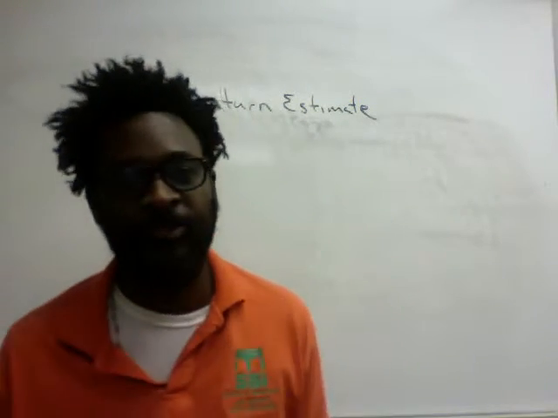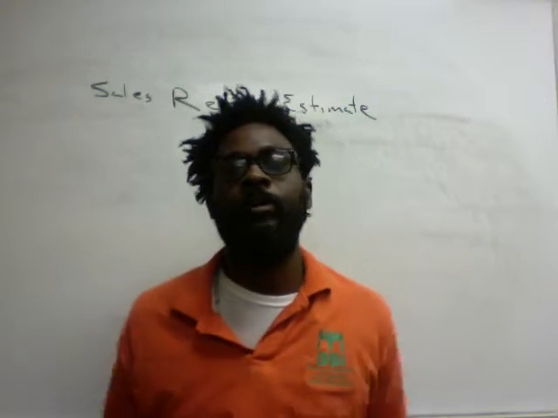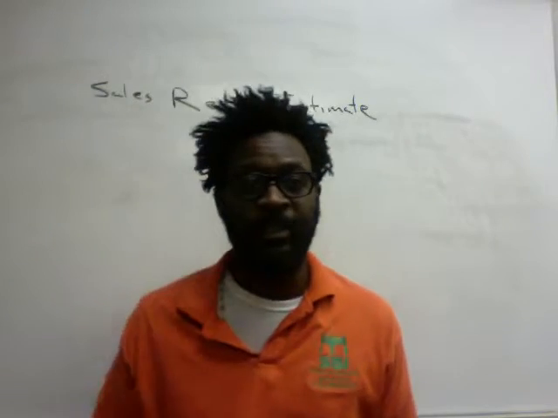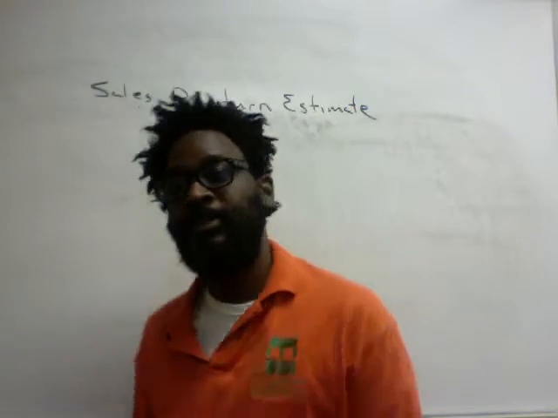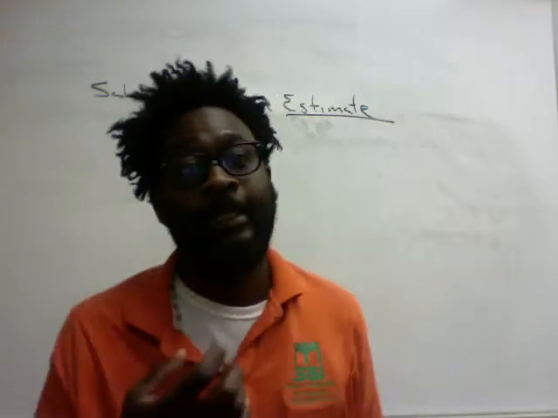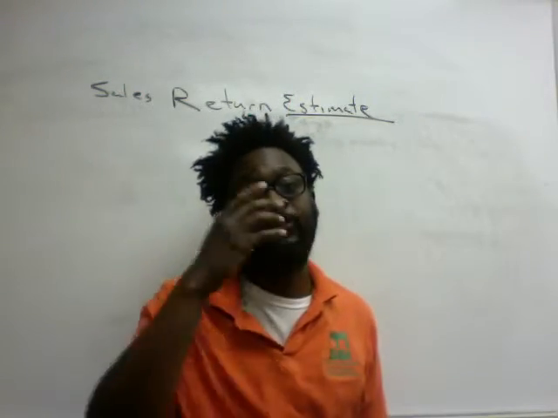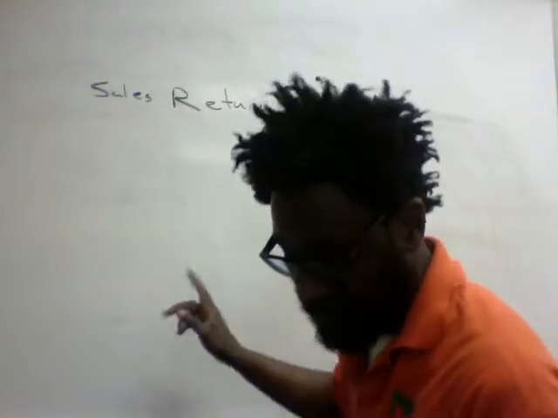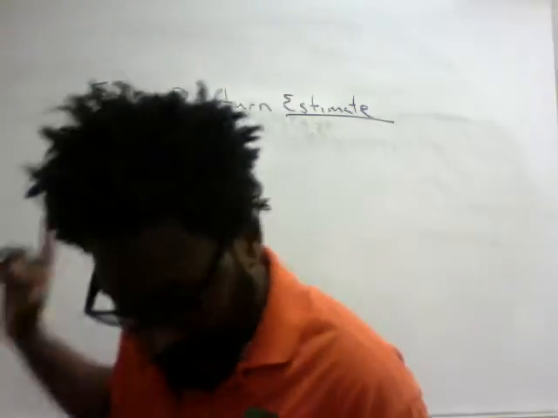You normally sell stuff on the account. And so you've already recorded the debit to accounts receivable, credit to sales revenue. You've already done that. But this is the end of the year, and now it's time for you to make that estimate on a portion of what you expect not to have sold officially, because someone is going to do what? Make the return. So this is your year-end estimate return.